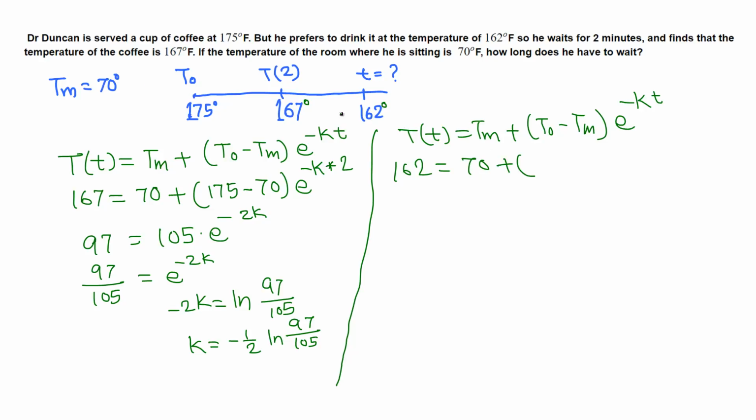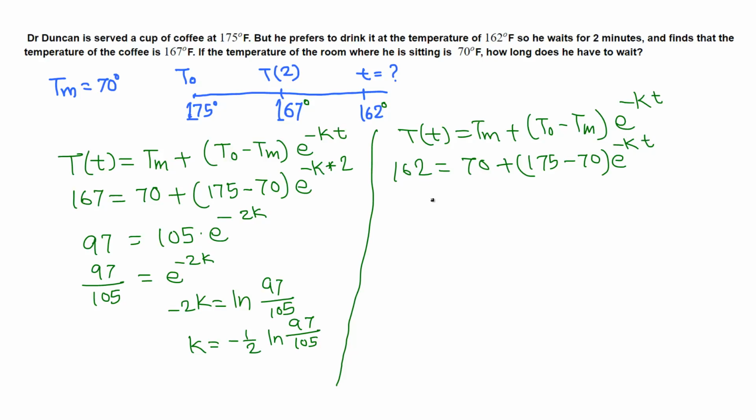By the way, for this question we could have assumed this as T naught as well and just found the time. Now since we used 175, the time we find here will be from the beginning. 70 plus 175 minus 70 e raised to negative k, which is already found, times t to be determined.